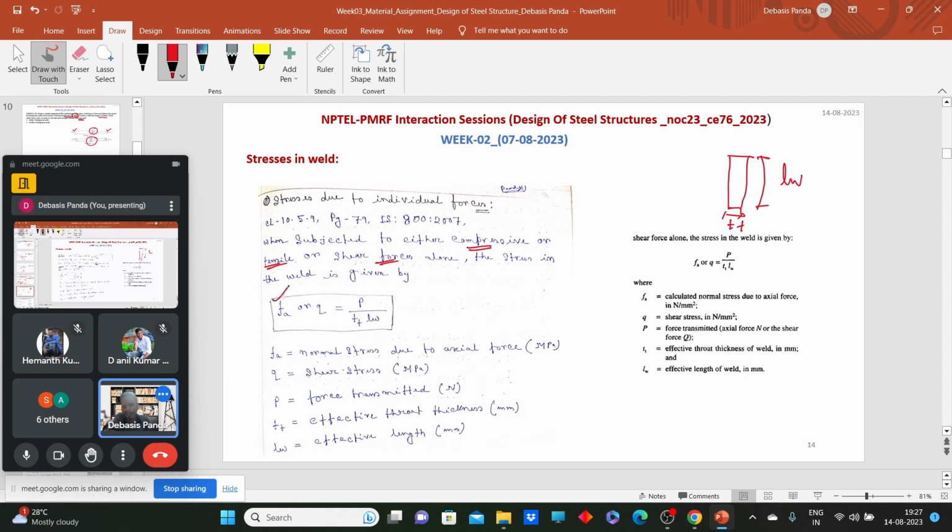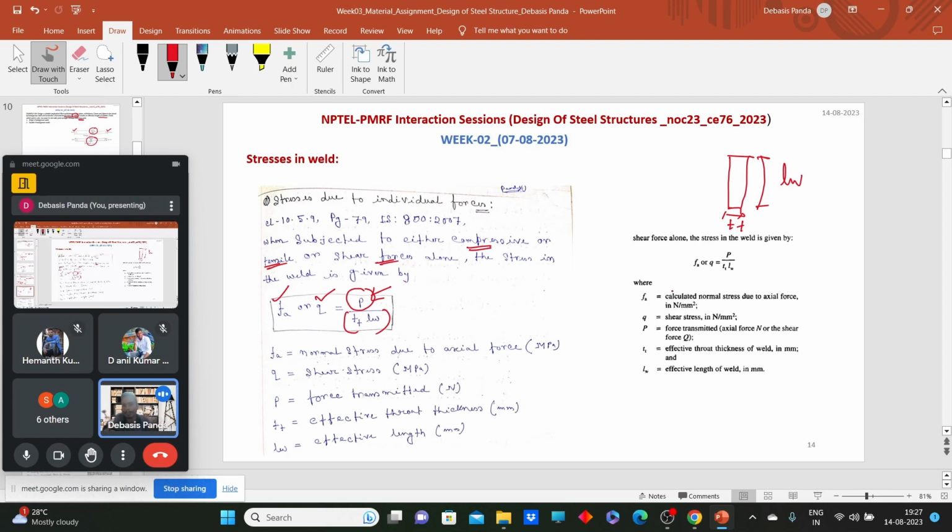The normal stress Fa, or the shear stress, will be the load upon area, the stress formula. The load is the factored applied load P. It can be the shear force, it can be the normal force, it can be the normal force from the bending moment also. So in this way, for the individual cases, we can find out how much stress will develop within that kind of welded joint.